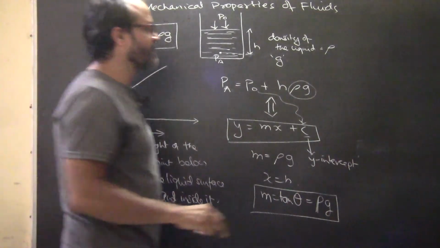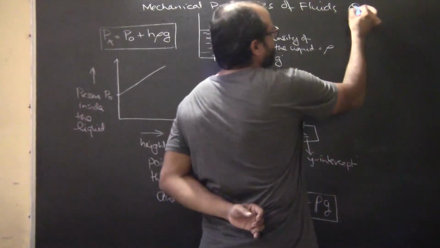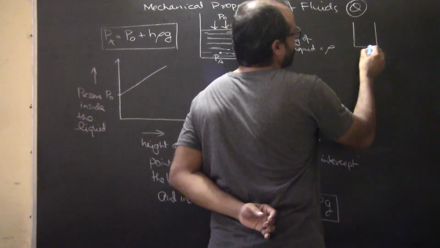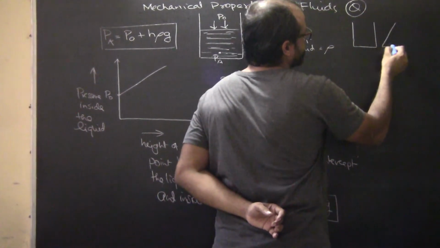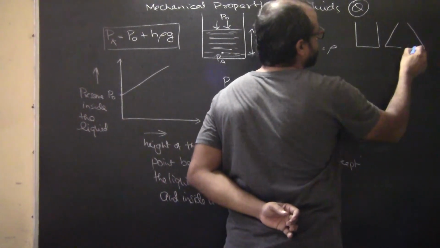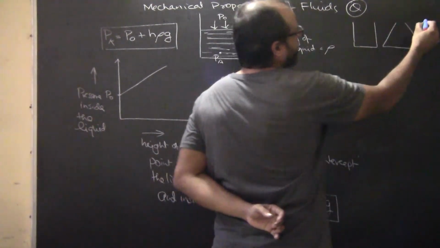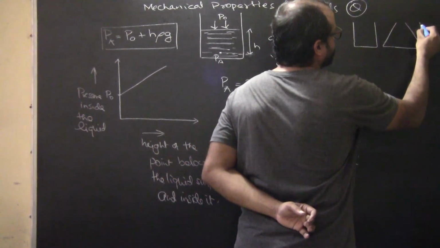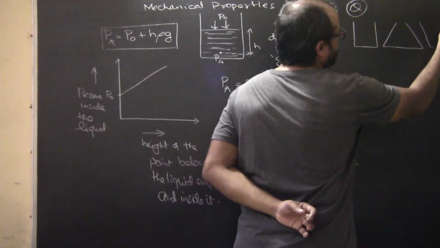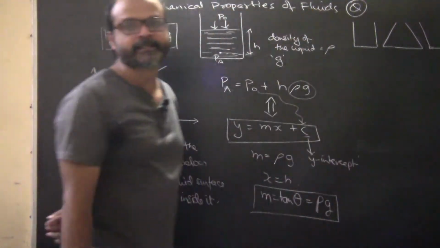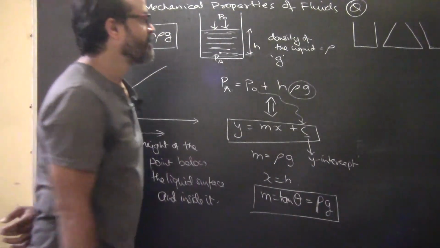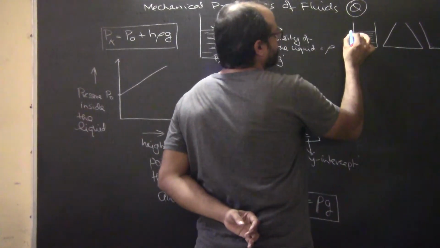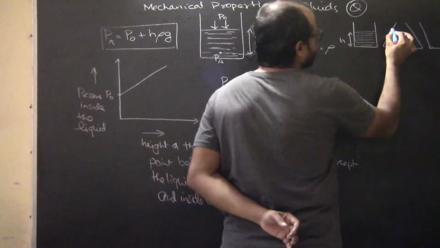Alright, let's take some examples. We have a question here. There are three vessels which have different shapes, and the third one is like this. Let's say the liquid column in each is of height h.